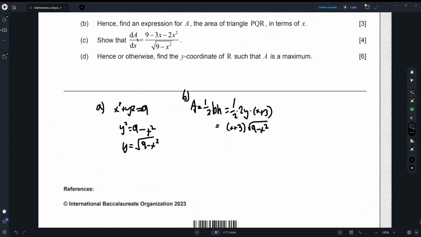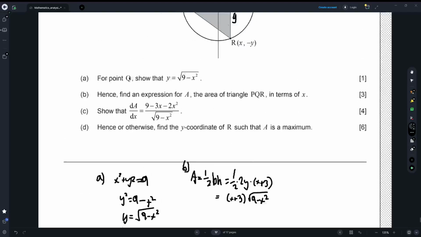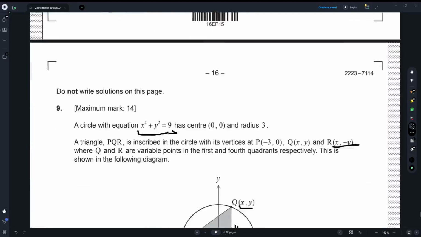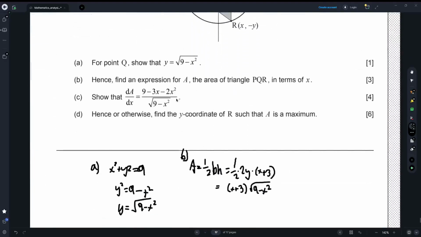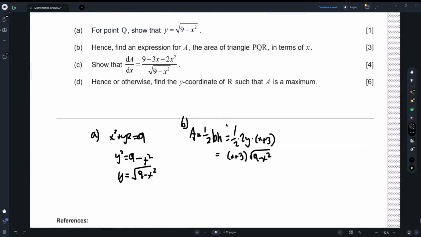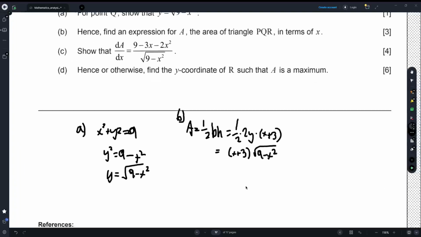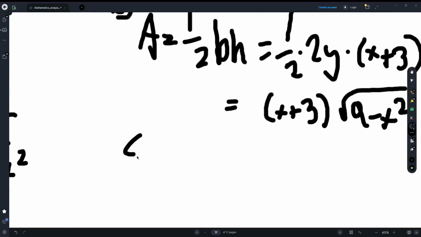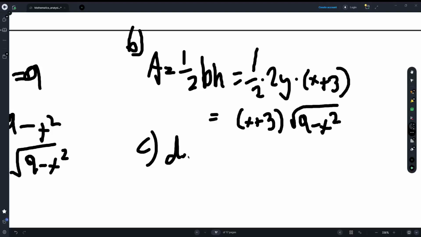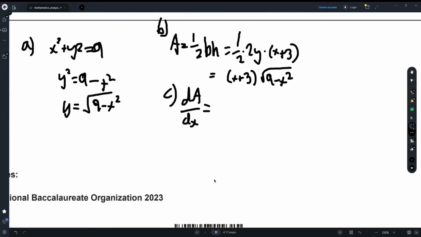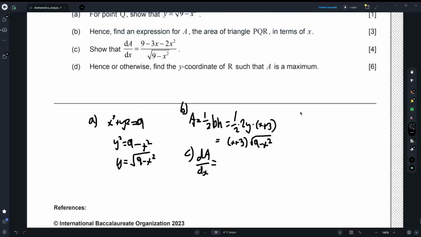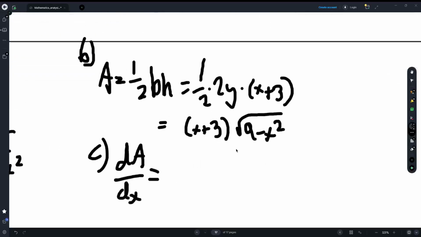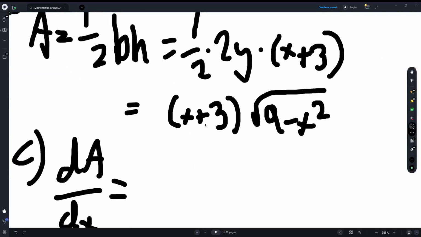Alright, now we can differentiate this function to show that dA dx is 9 minus 3x squared or whatever. So dA dx, we have to use the product rule here. So we differentiate the first function.